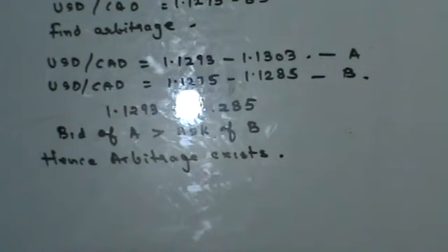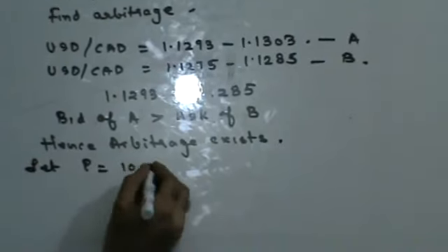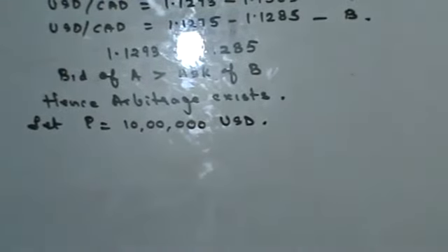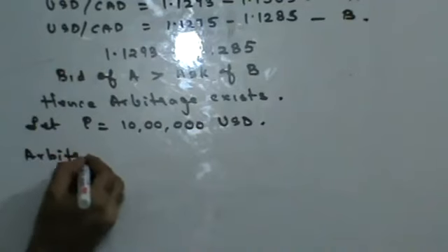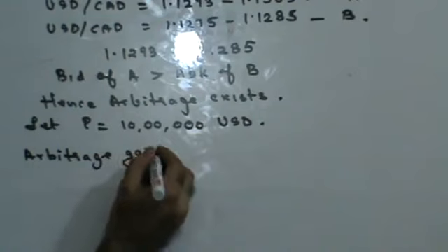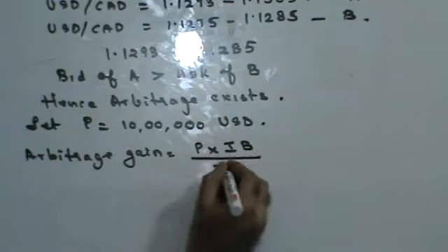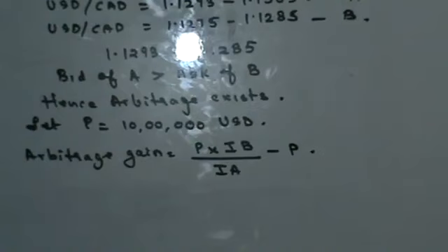Once I know arbitrage exists, then I have to decide how much I will invest. Once the principal amount is not given to you, you will say let P be equal to 1 million of base currency. The base currency here is US dollars. In that case, arbitrage gain is given by the formula principal into identified bid upon identified ask minus principal.